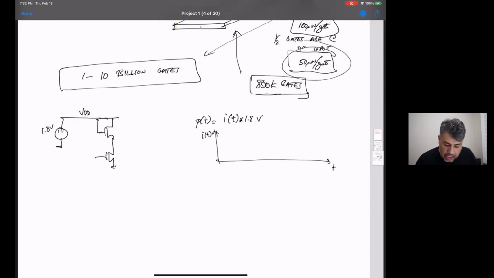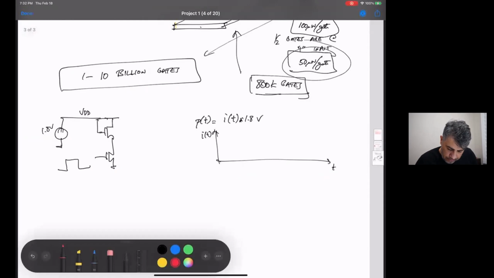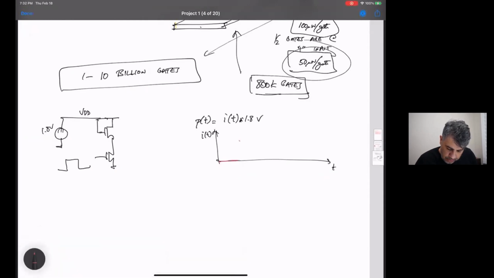depending on your gate, with this guy doing 0, 1, 0, 1, it'll do something like this.